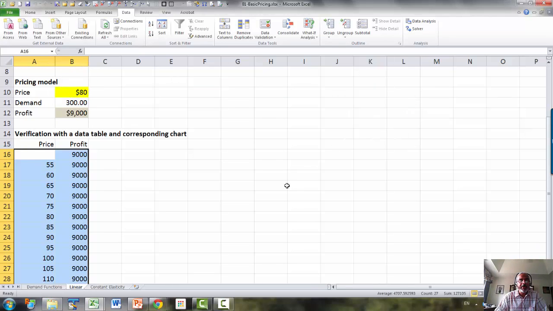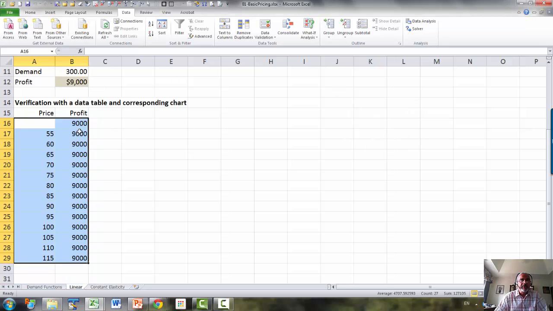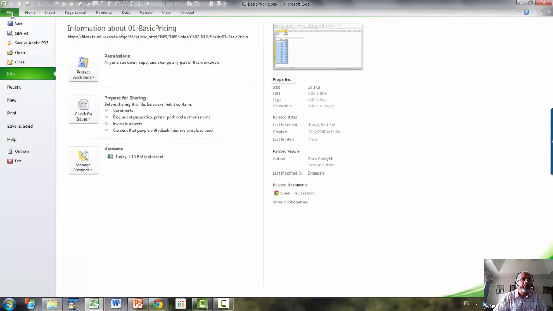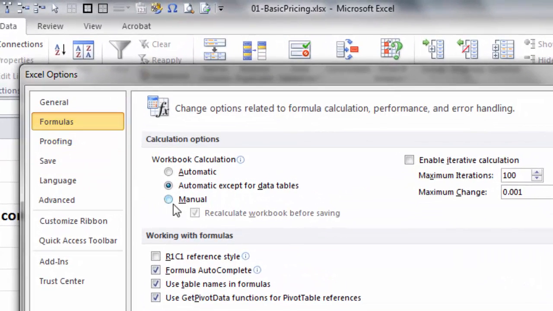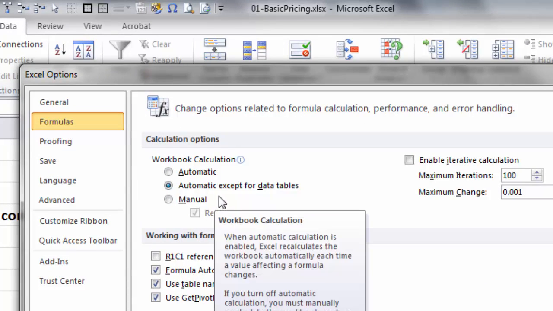So click OK, and when you see all of these as 9,000, that's because the calculation is set to automatic except for data table. So if you go to options, okay, formulas, and you see calculation options is set to automatic except for data tables.